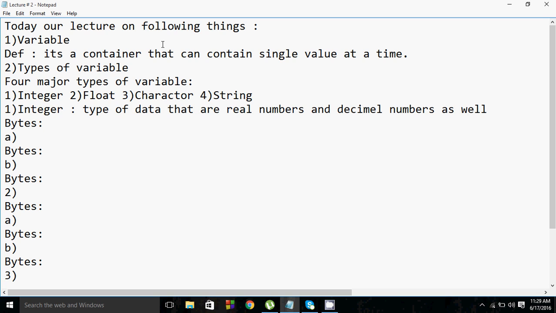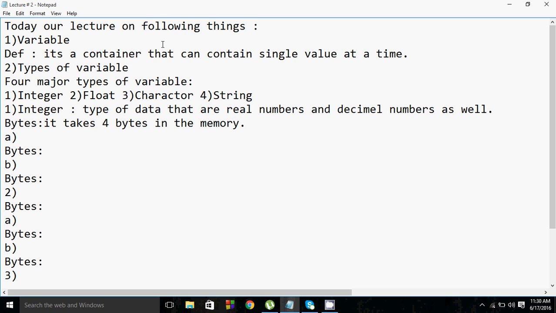Yes, real numbers and decimal numbers as well. So it takes 4 bytes in the memory. Yes, it takes 4 bytes in the memory.